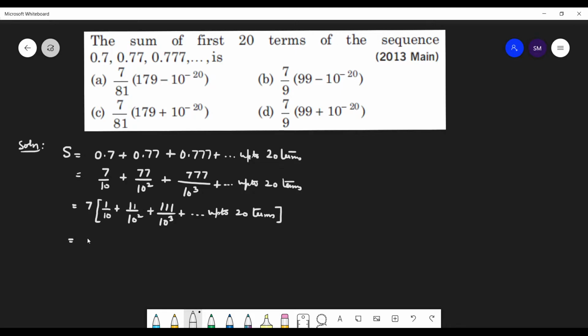So multiply 9 into these terms. Yes. So what do we get? Sir, is the answer option C? Answer option C. Yes, C is the correct answer. Good. Rest of you can also do it, students.